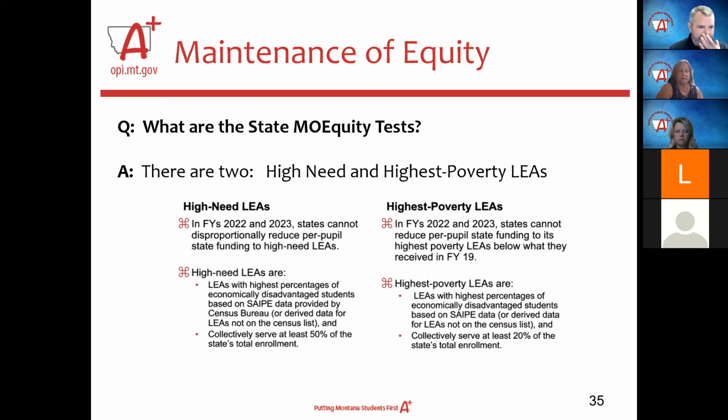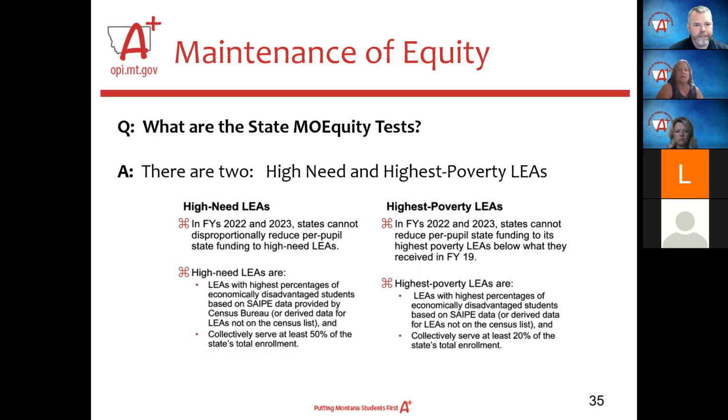High need LEAs are LEAs with the highest percentage of economically disadvantaged students based on SAIPE data provided by the Census Bureau, or derived data for LEAs not on the census list, and collectively serve at least 50% of the state's total enrollment.